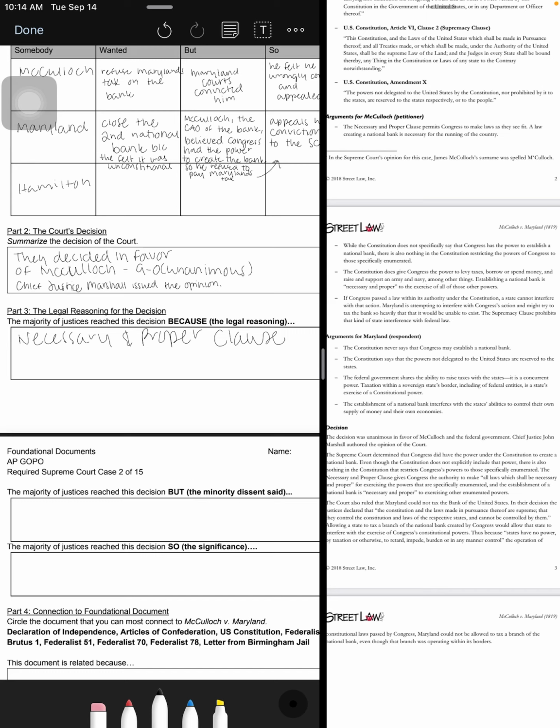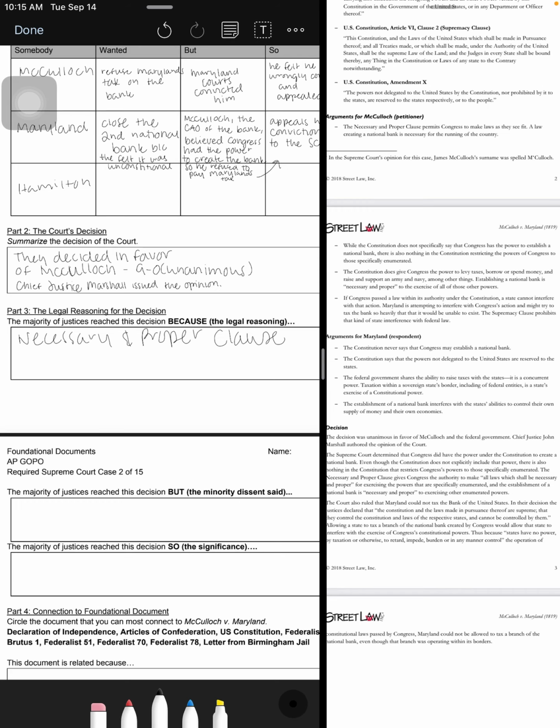So let's look back down at this decision piece. This decision piece talks about the necessary and proper clause. It also says the court ruled that Maryland could not tax the Bank of the United States. In their decision, the justices declared that the Constitution and the laws in pursuance thereof are supreme.